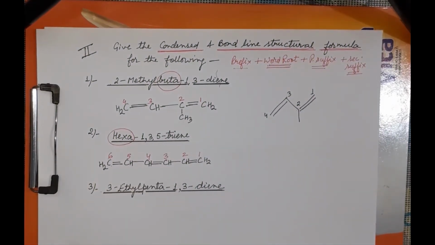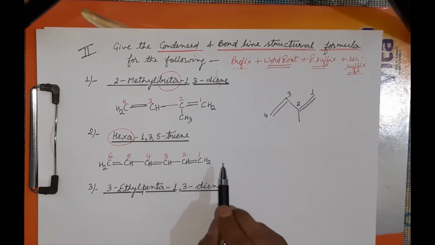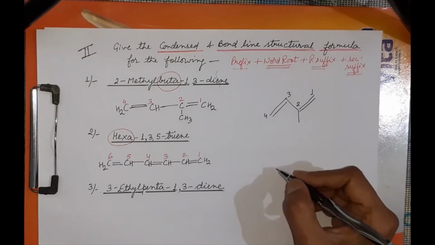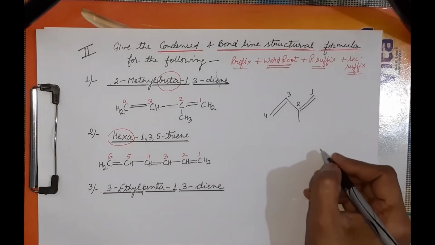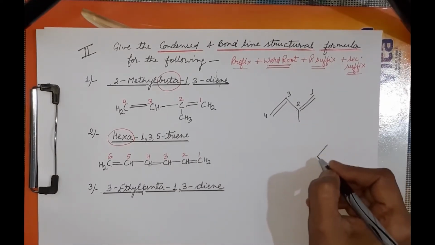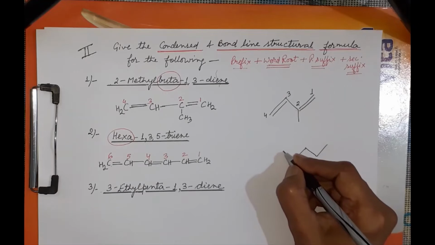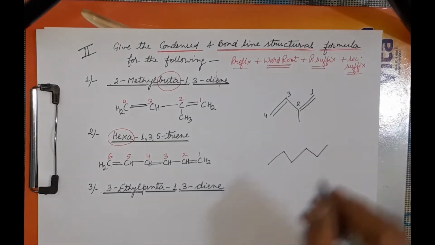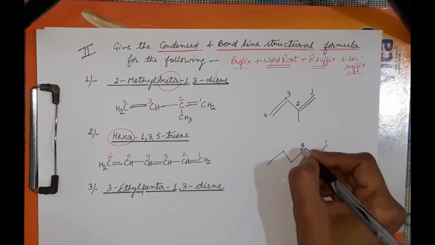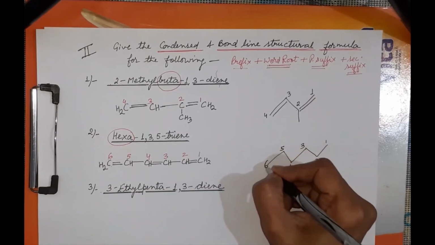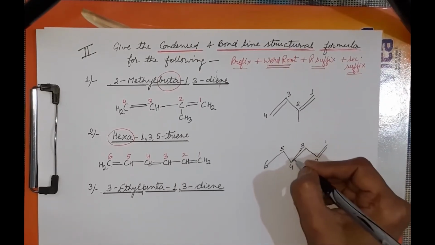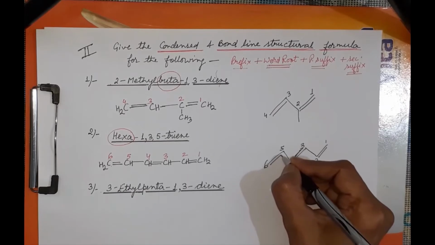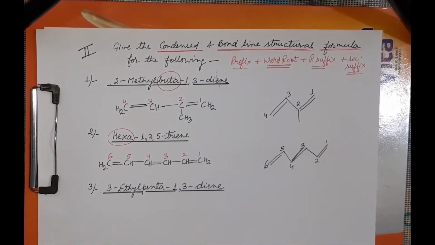Now we can see all the carbons are having all the 4 valencies satisfied. So for the bond line formula in this case, 6 carbon atoms are there. So first write it like this: 1, 2, 3, 4, 5, 6. Double bond between C1, C2, then C3, C4, then C5, C6. So this will be the bond line formula for this.